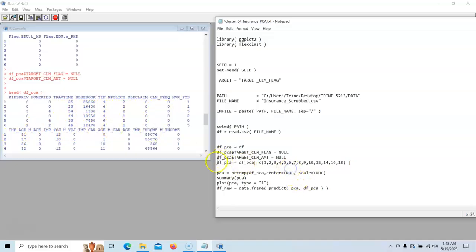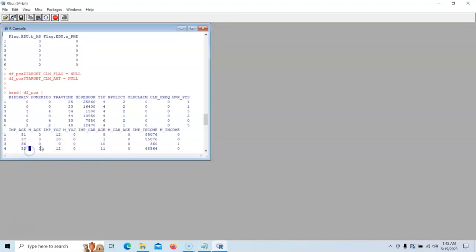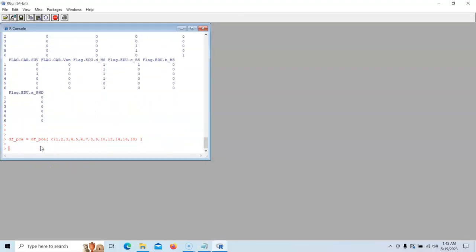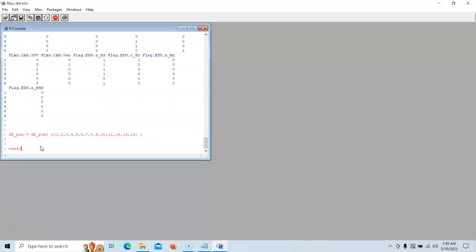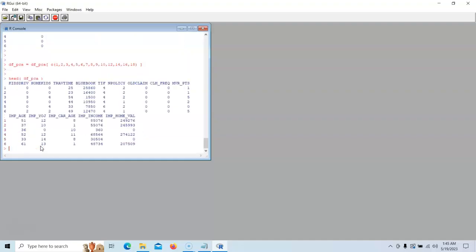So let's do that and see what we get. Now if I do head df principal component analysis, I only have the continuous variables here.